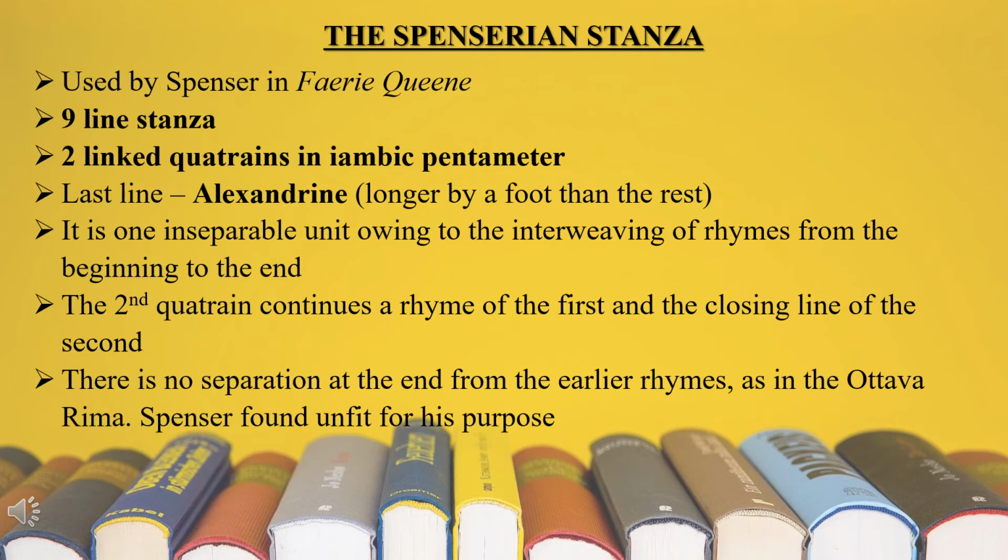It is one inseparable unit owing to the interweaving of the rhymes from the beginning to the end. The second quatrain continues a rhyme of the first and the closing line of the second. There is no separation at the end from the earlier rhymes, as in Octava Rima, which Spenser found unfitting for his purpose.